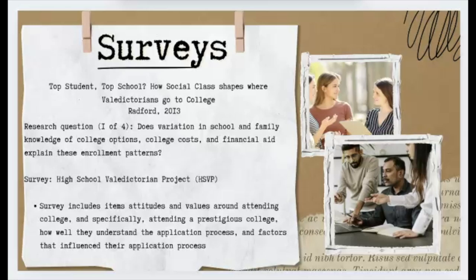How important was that to the parent and/or to the child? It also looked at how well they understood the application process and factors that influence their application process. Okay, so hopefully you're starting to see how these surveys and the types of items on the surveys are directly related to the type of question being asked and maybe different perspectives or angles to answer those questions.